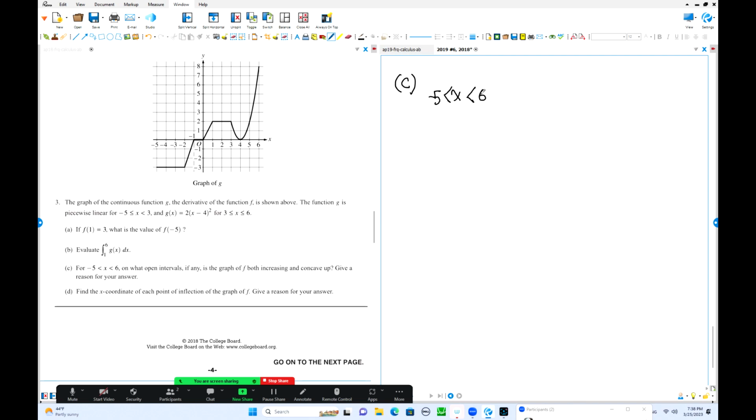Open interval, right? It does not include the endpoints. Is the graph of f both increasing and concave down? We check it out. Increasing and concave down, what is that? It's slope, right? We check the first derivative.